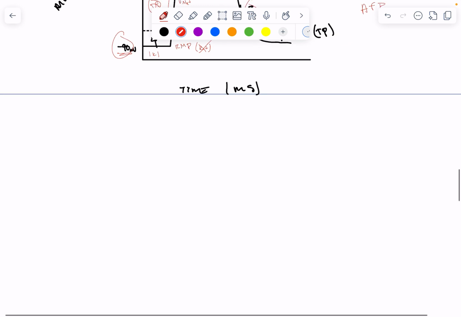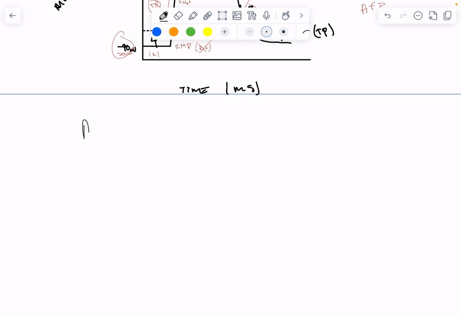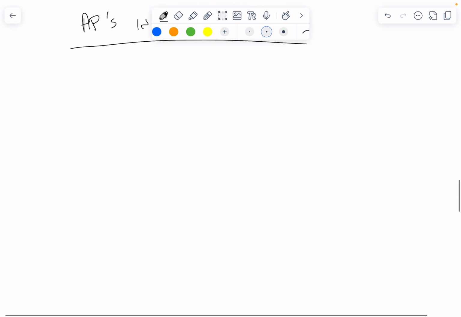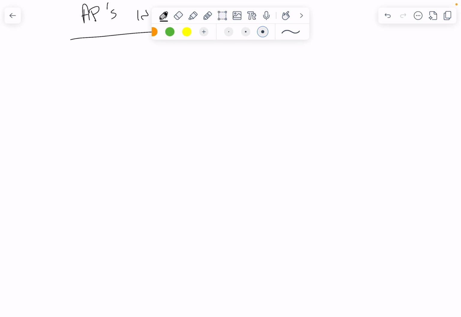Now we have action potentials. Let's change the size of this. And autorhythmic cells. So autorhythmic cells look a bit different.